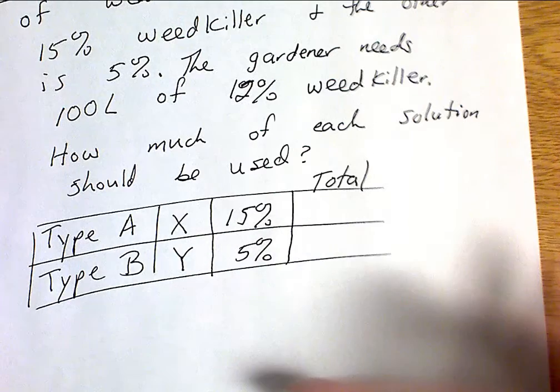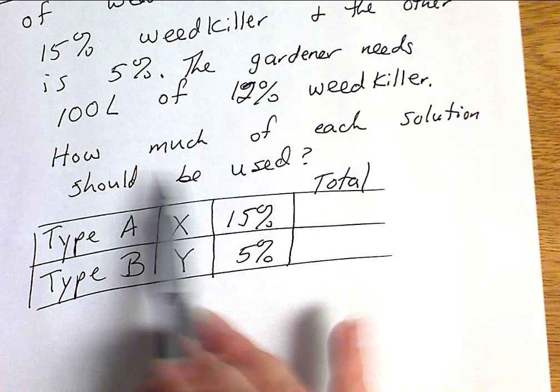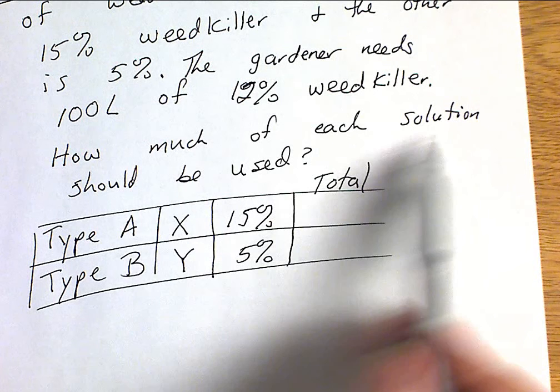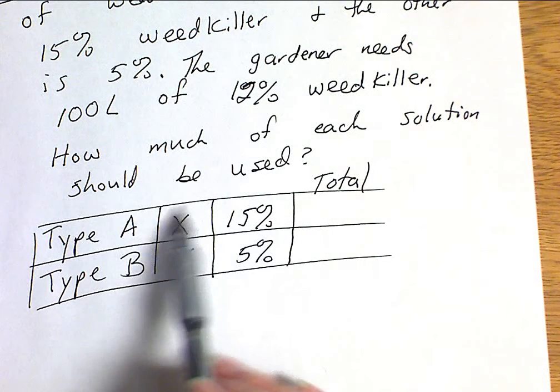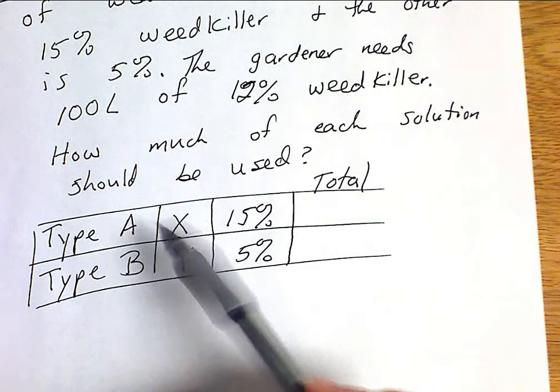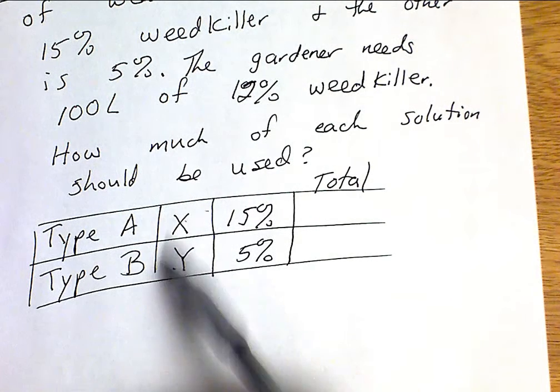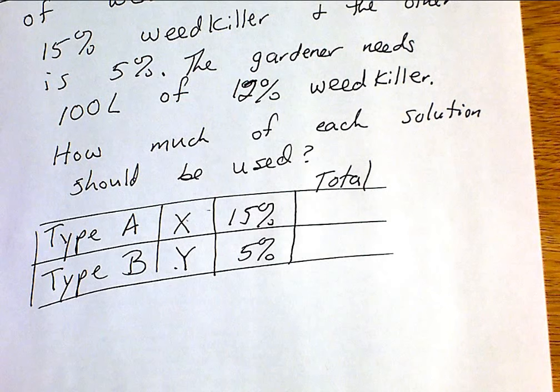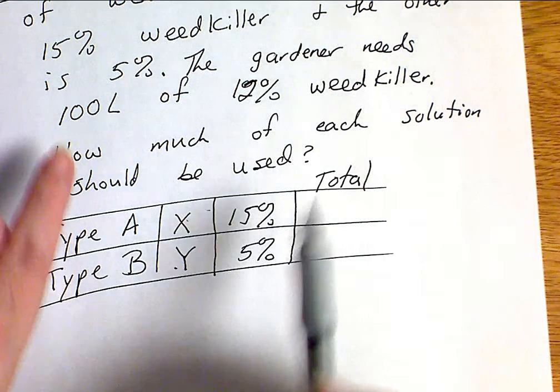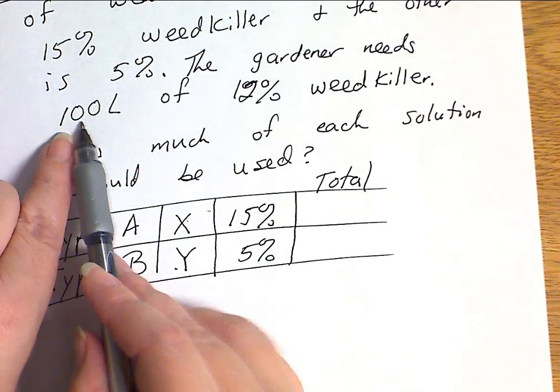All right. And how much solution does he need total? So if he has a pitcher and he puts X and Y, how much is his total amount that he needs? 12. Not percentage, how much of the liquid? He needs 100 liters, right?